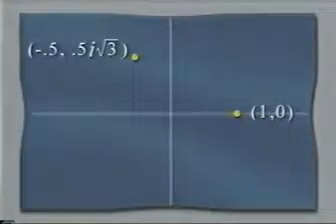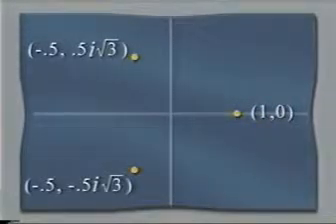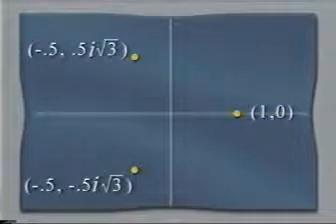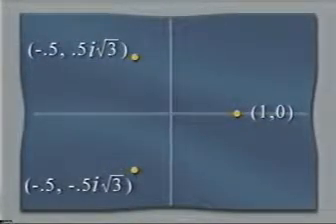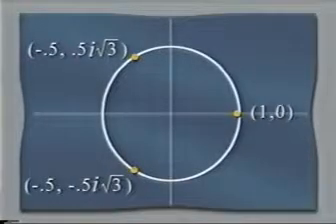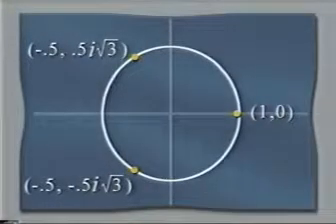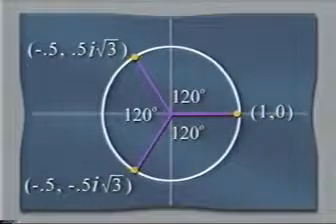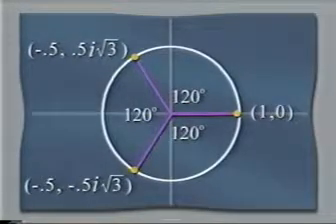We have 1, we have negative 0.5 plus 0.5i square root of 3, and negative 0.5 minus 0.5i square root of 3. It turns out that these 3 points on the complex plane, where the x is the real part and the y is the coefficient of the imaginary part, fall on a circle of radius 1, and the 3 points are separated by an equal amount, in this case 120 degrees.